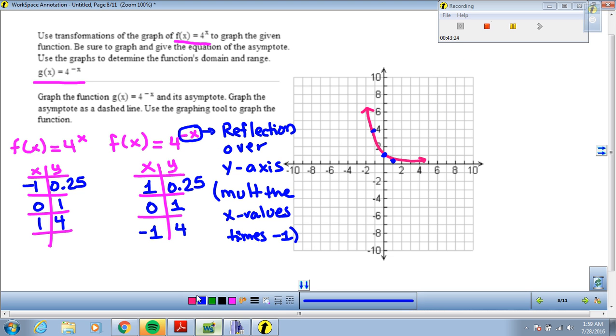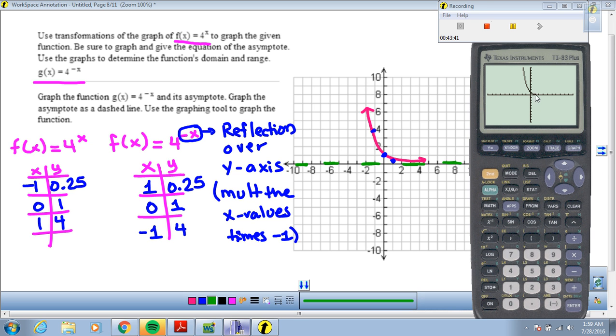So now, what would be our horizontal asymptote? Well, the same thing. The horizontal asymptote would be located at y equals 0. How do we know that? Well, the graph looks like it's touching or overlapping the x-axis, but we know it's not going to.